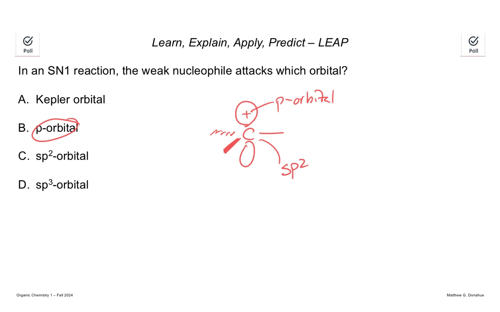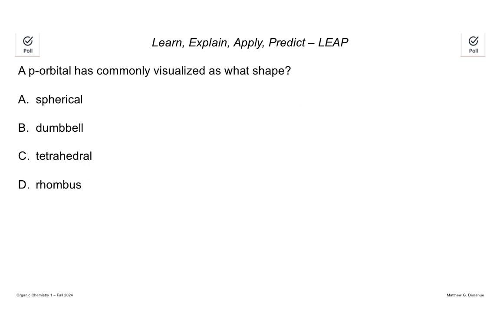And then the p orbital, which is that dumbbell-shaped orbital, the plus charge, again, even though I'm writing it sort of there, it exists in both of those at the same time. So above and below that plane of the 3 substituents is the lobes of the p orbital. The p orbital is a dumbbell shape.